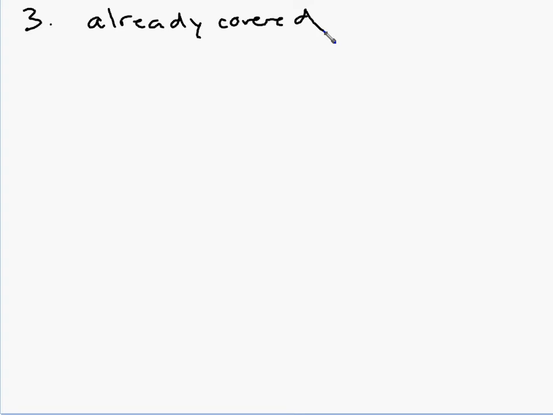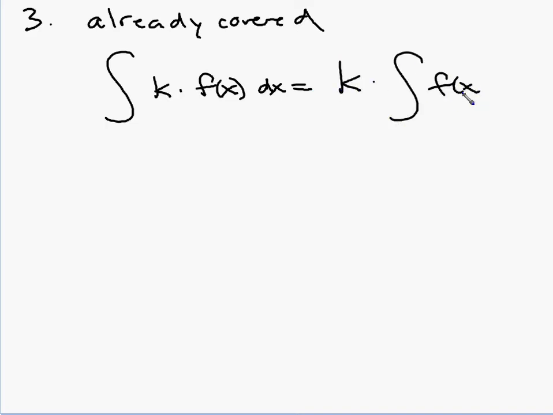Number 3 says that if I have the integral of k times f of x dx, that's the same thing as k times the integral of f of x dx. It works just like it does with derivatives. Okay? The constant just comes along for the ride. It's multiplied at the end. All right? Don't leave that out.